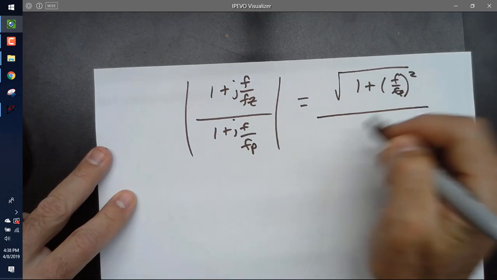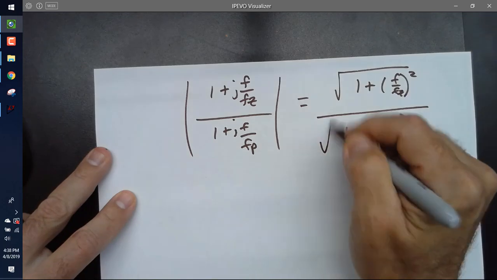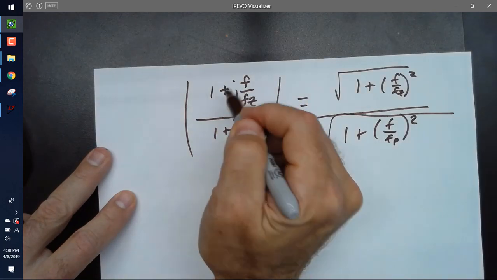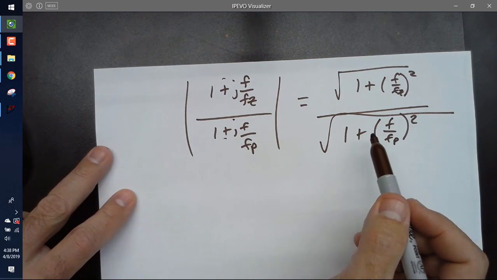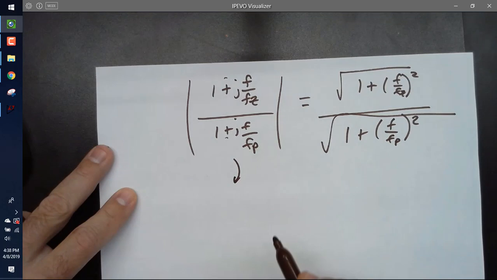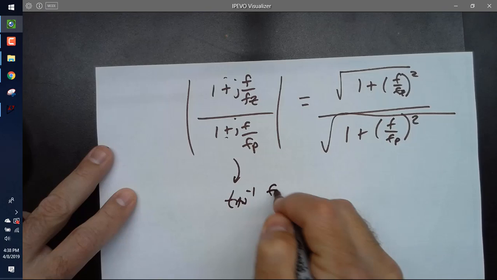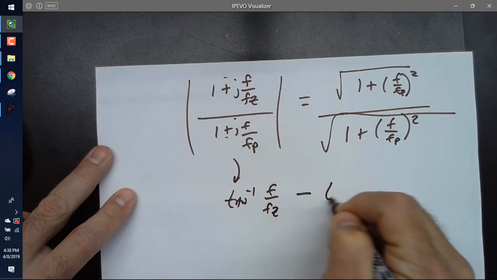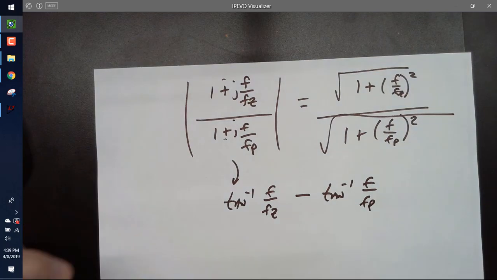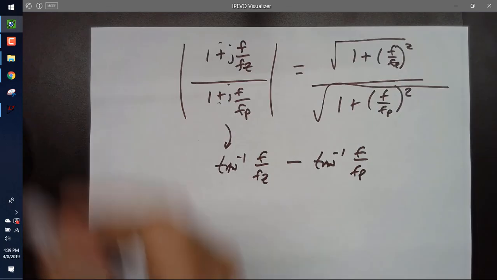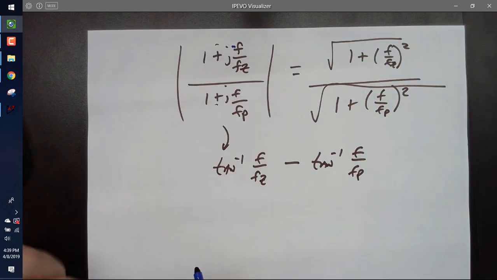Everybody's cool with that, right? And if I make this minus or plus, does it influence the magnitude response? No. But what is the phase shift? The phase shift of this is tan inverse of f over fz minus tan inverse of f over fp, right? But what if I make this minus f?